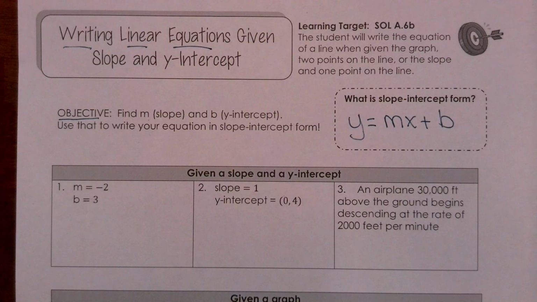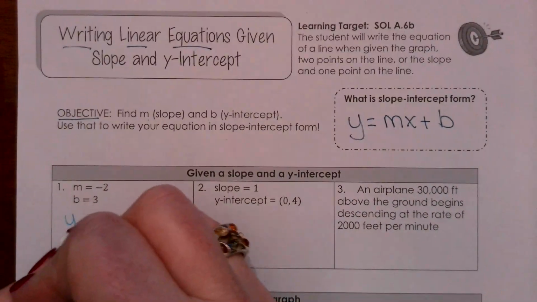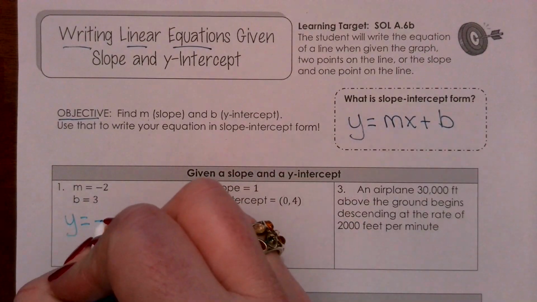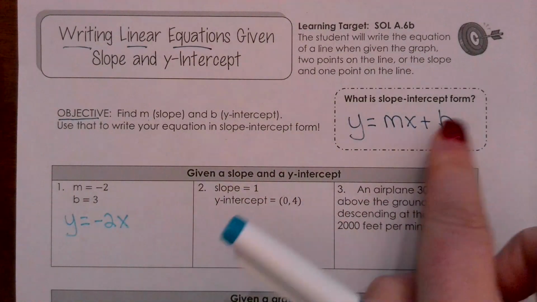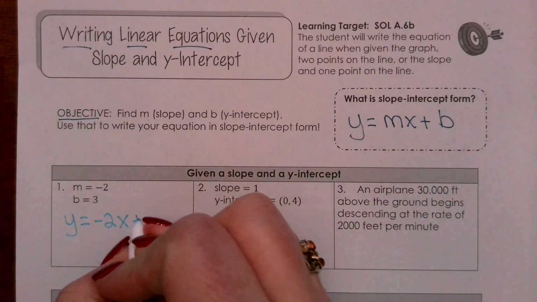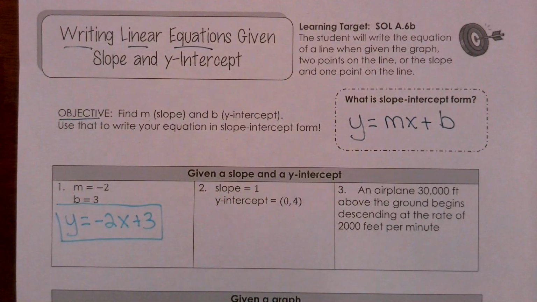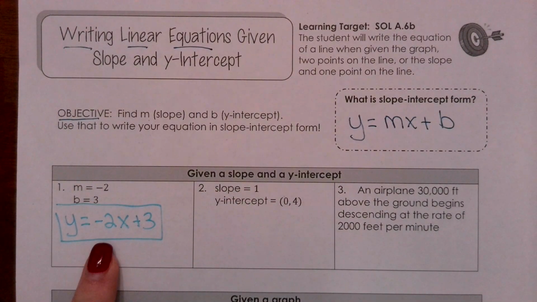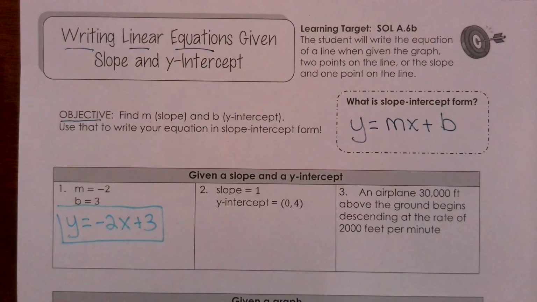Well, I simply substitute in negative 2 for m, y equals negative 2x, and it's a positive 3, so it's plus 3. And indeed, that is that linear equation. I've just written a linear equation with a slope of negative 2 and a y-intercept of 3.